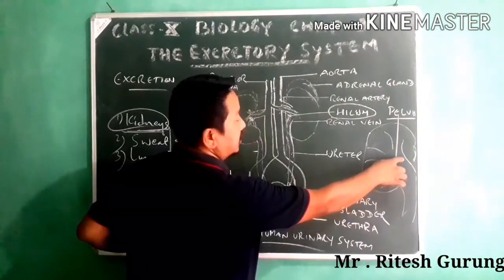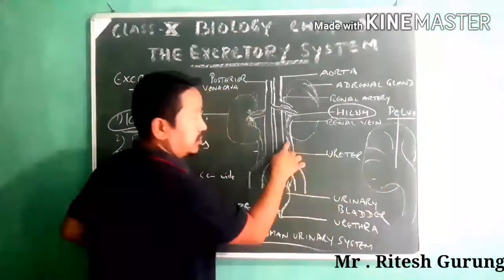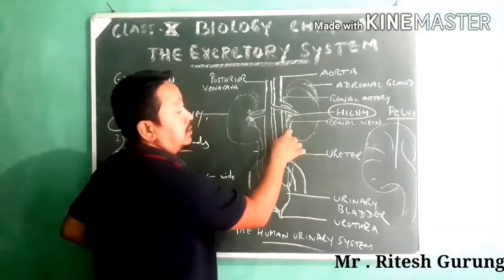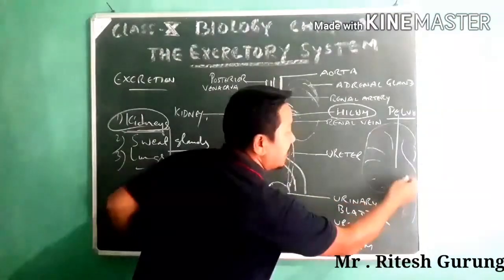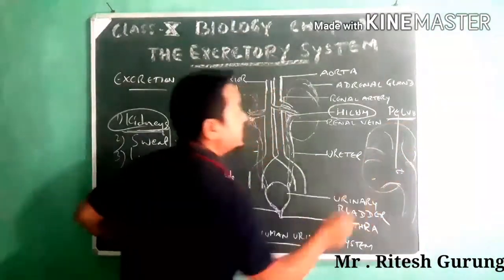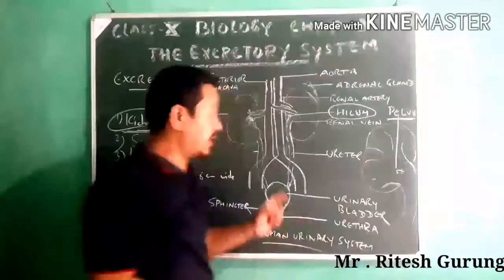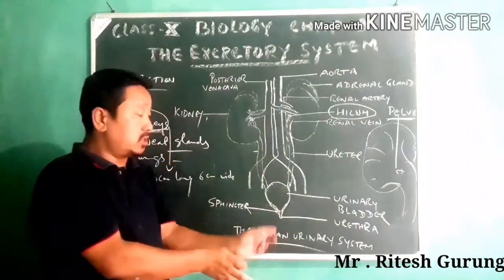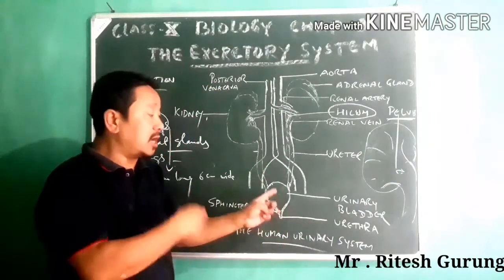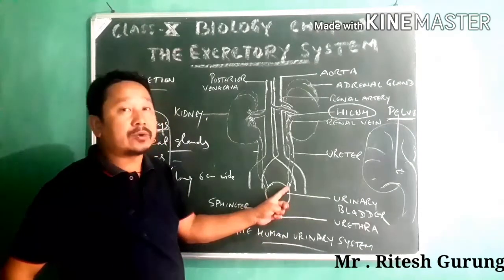That means the beginning part of the ureter from the kidney is expanded like this, and this expanded region is called the pelvis. And as it goes downward to get connected with the urinary bladder, it is usually narrow.